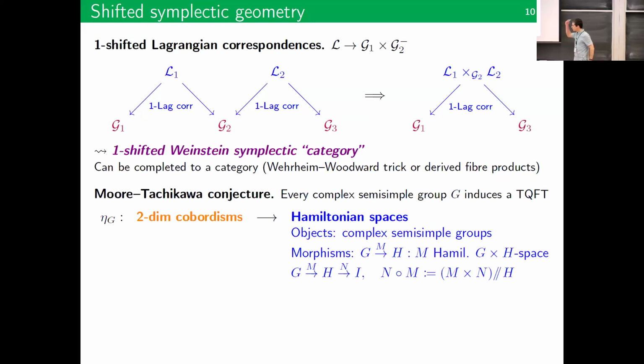Okay, so let me go back to the Moore-Tachikawa conjecture. This conjecture was to get some kind of functors where the target category is the category of Hamiltonian spaces.